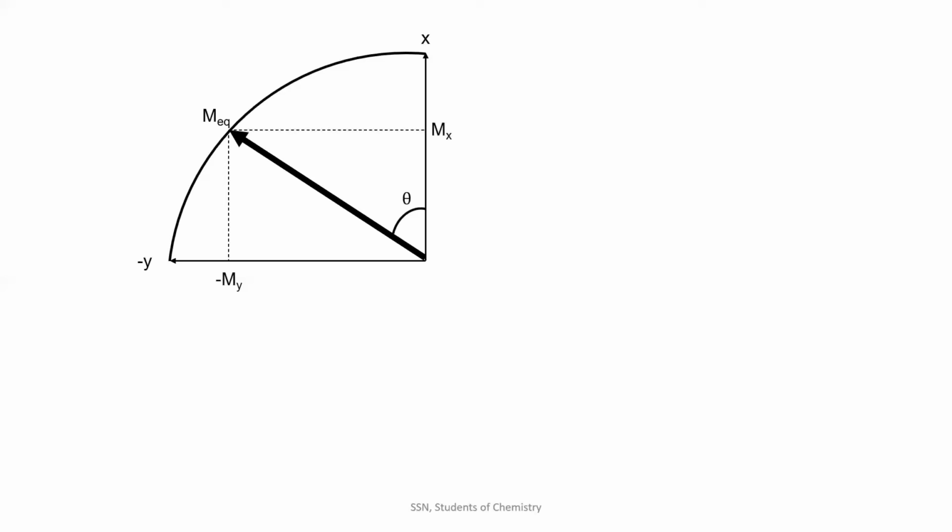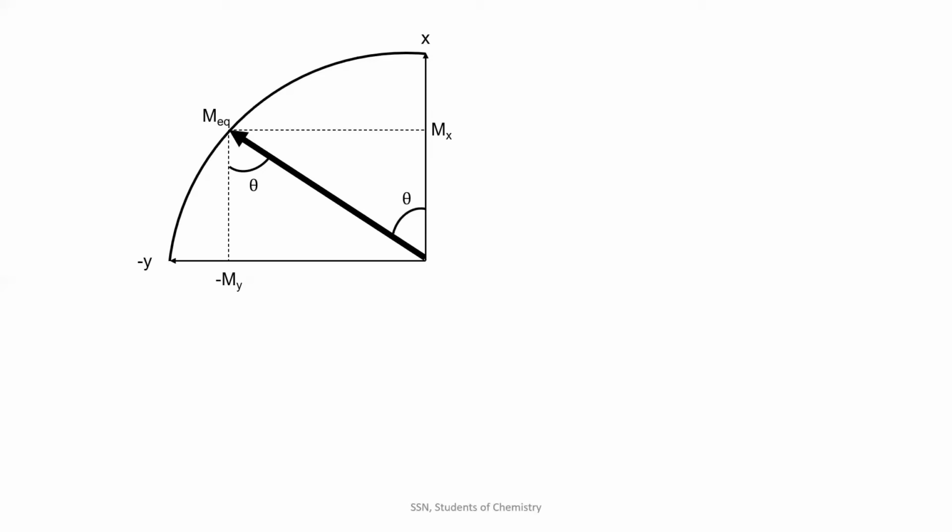And we all know that this theta is a vertical angle, so the opposite angle, which is congruent to this angle, will also be theta. It is basic mathematics. And this theta will depend upon the precessional frequency, which is the Larmor frequency, and the time of this precessional motion.